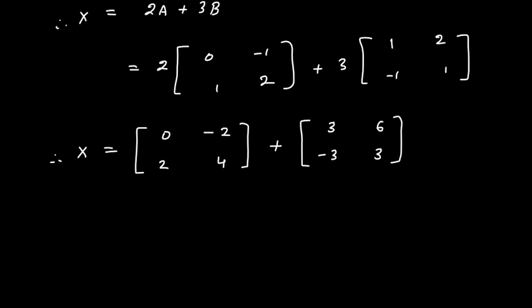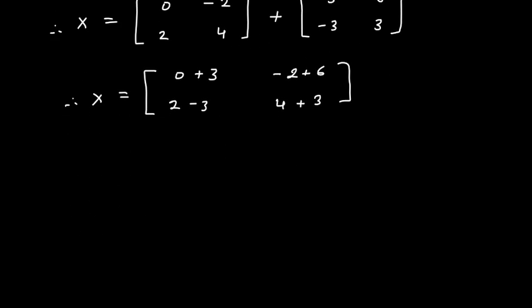So therefore finally I have X is equal to, here we have 0 plus we have 3, then here we have minus 2 plus we have 6, then here we have 2 minus 3, and here we have 4 plus 3.